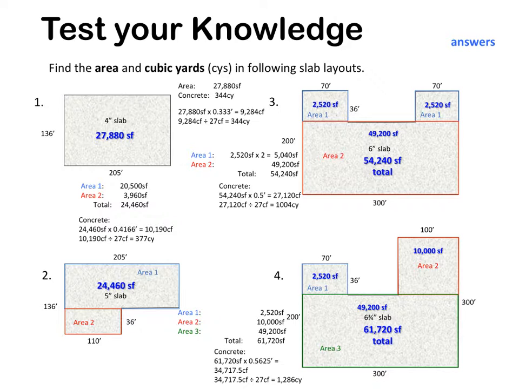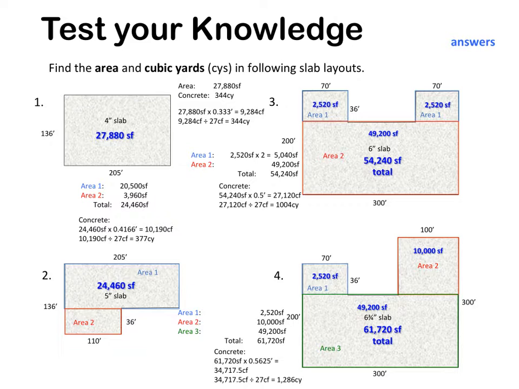Number 4. Number 4, we divided into three areas. We have area 1, 2, and 3. And the answers for each one of those is 2,520 square feet, 10,000 square feet, and 49,200 square feet. Same concept we had above, except over here we made this area bigger down there, so obviously it is its own area now.